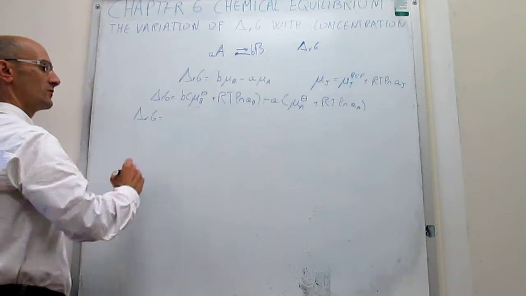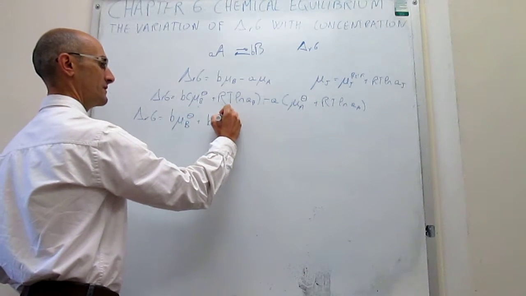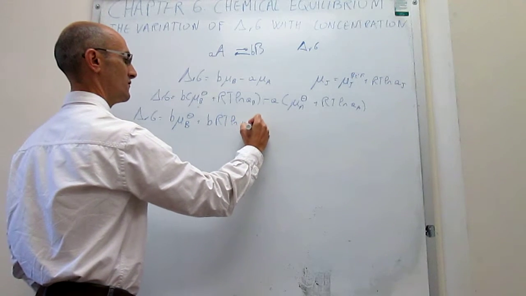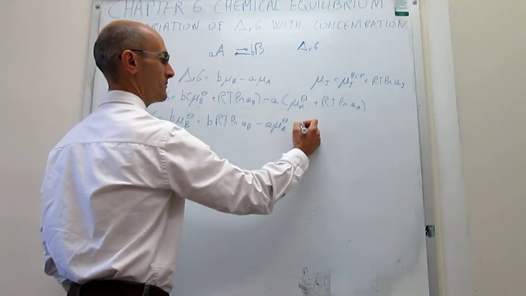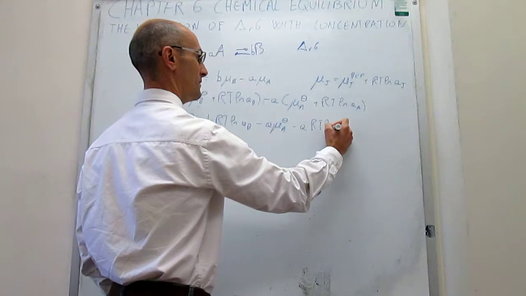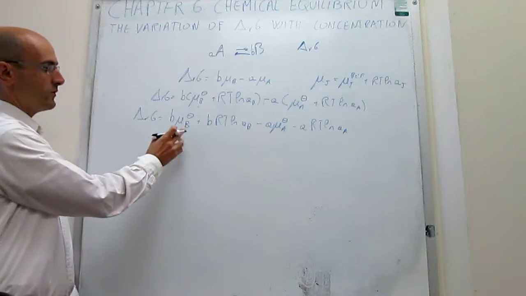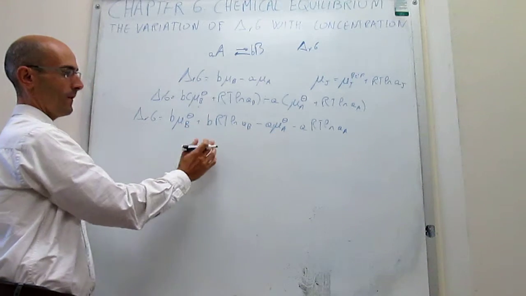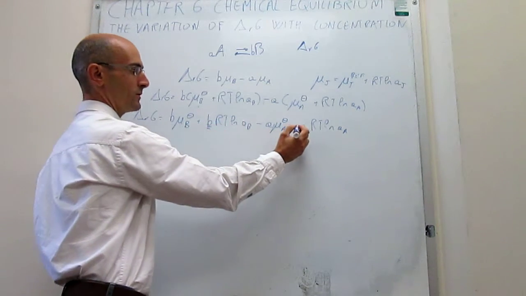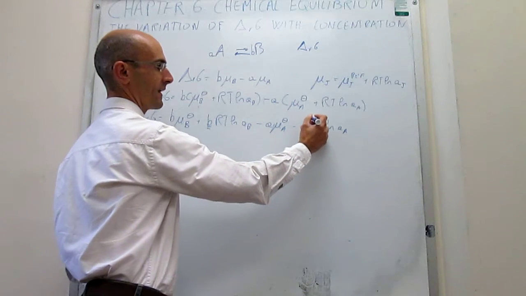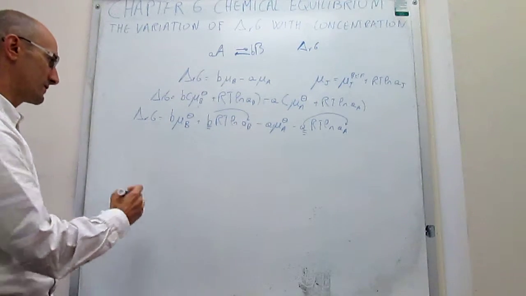ΔrG is going to be equal to b times the chemical potential of B at the standard state plus b RT natural log of the activity of B, minus a mu of A at the standard state, minus a RT natural log of the activity of A. Okay, in the next step we're just going to group together these two terms, and in this expression we're going to realize that you have the stoichiometric coefficients multiplying the natural log, and it turns out that they can actually get into the natural log as powers. Okay, so let's do that.